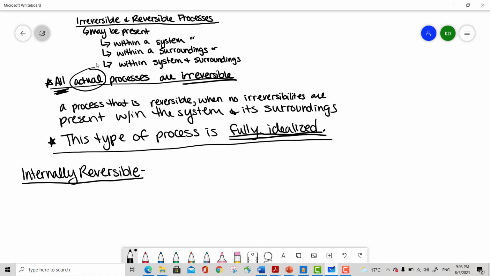But it's internally reversible when no irreversibilities are present within the system.